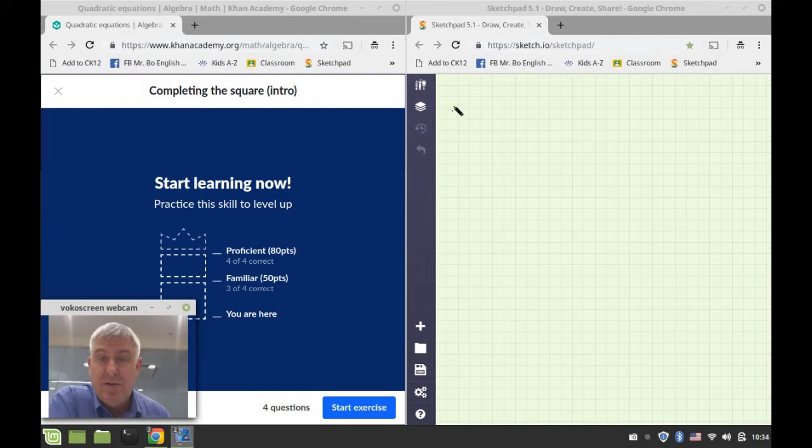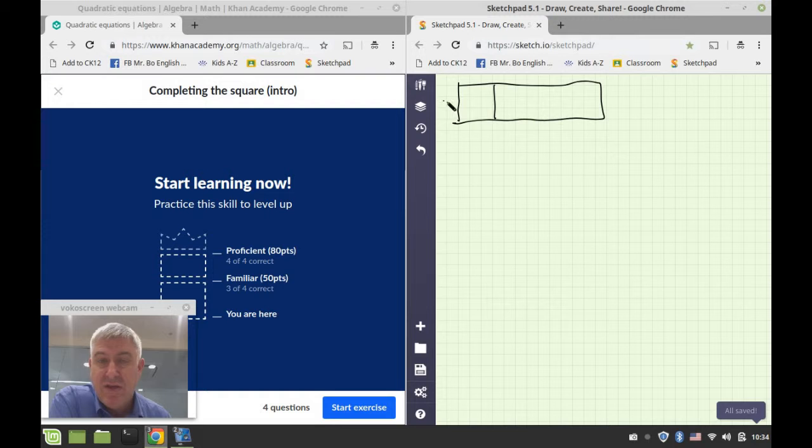So the basic idea of completing the square is that if we have, I'm going to use a visual representation here, a setup like this, using the area model, and this area is x squared, and this is 8x.